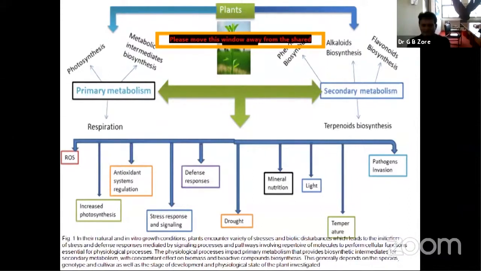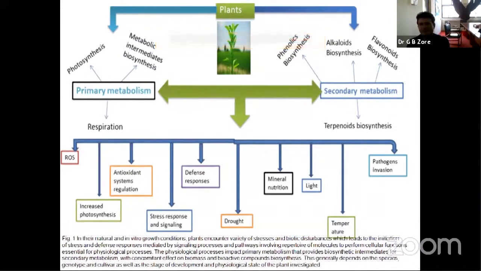So in case of plants, primary metabolism includes photosynthesis, respiration, and other metabolic or biosynthetic processes. These metabolic processes provide intermediates for secondary metabolic pathways. So the main function of primary metabolism is providing energy and building blocks for the growth and development of that particular cell and organism.